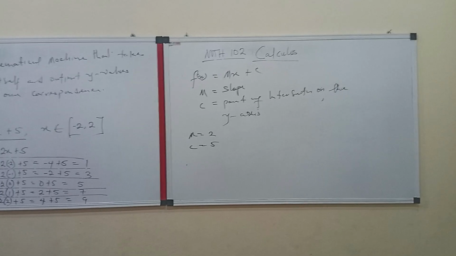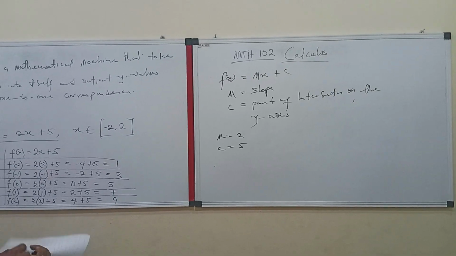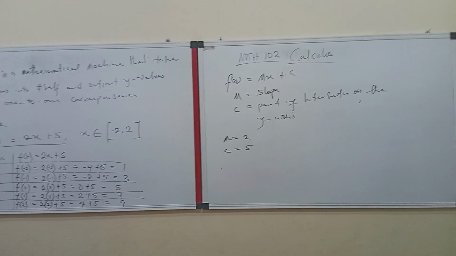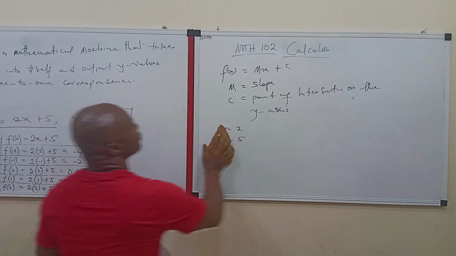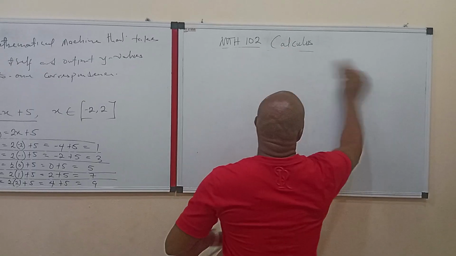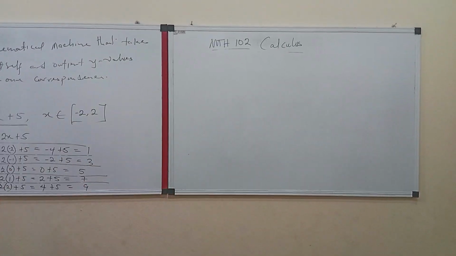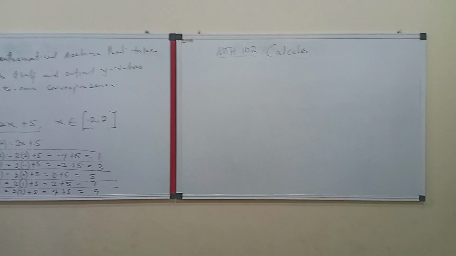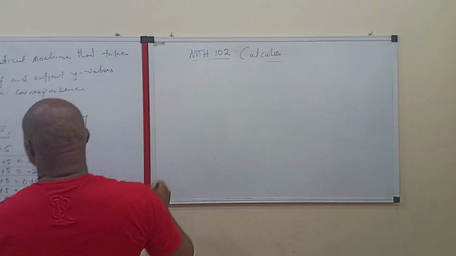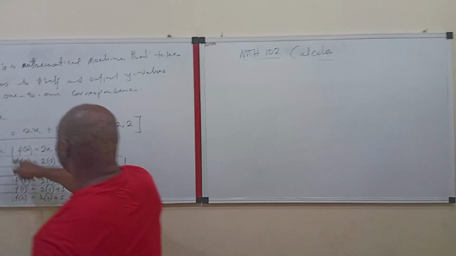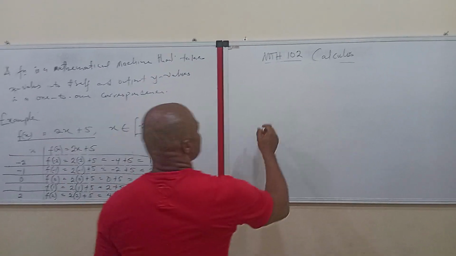Now let's try to see if really what we're saying is true. Let's consider a graphical representation of what we have here. These are the domain values. These are the f of x values.